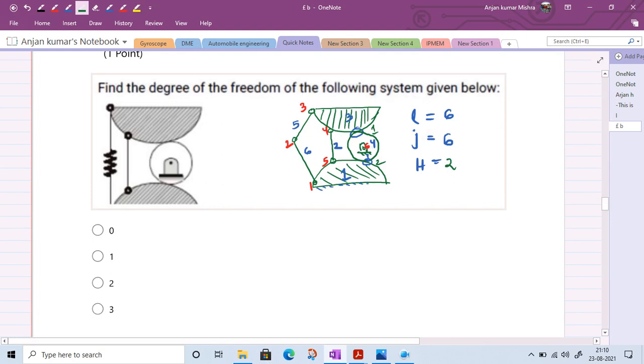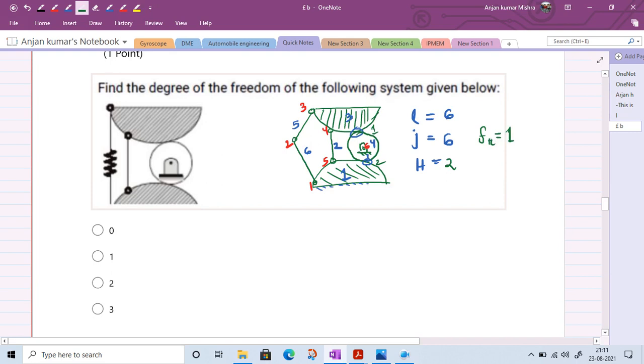See, this disk is rotating about its center. If we focus on the rotation of this disk, we can see that it can rotate without affecting any other links of this mechanism. So we have to write one redundant degree of freedom, equal to 1 here.